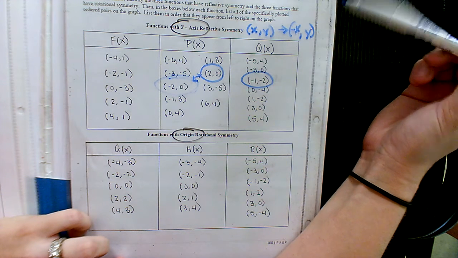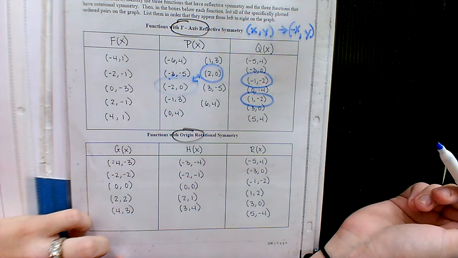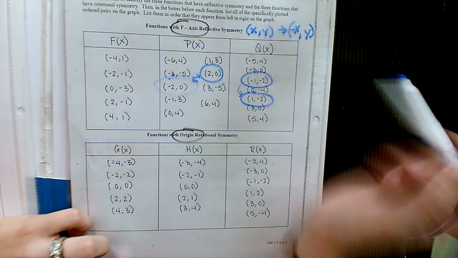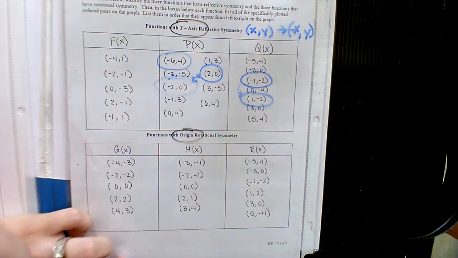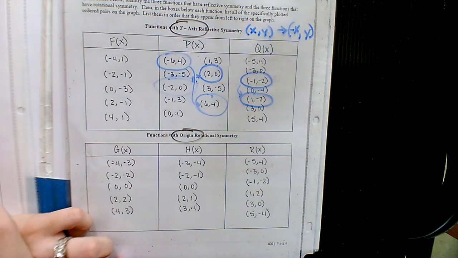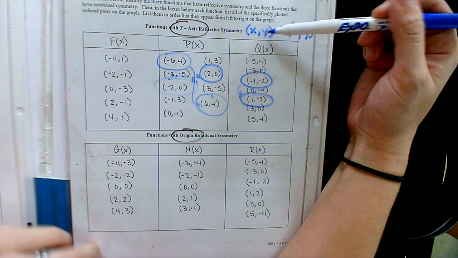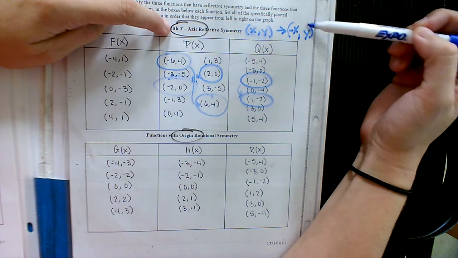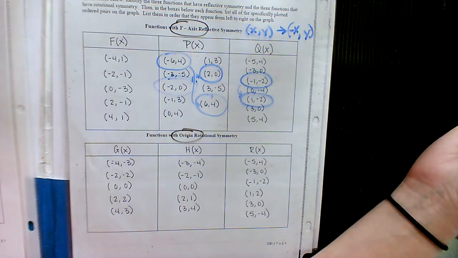Does that happen? Right there, right? X is opposite, y is the same. It doesn't matter which point you pick. I could have picked -6, 4 in the P of x, and notice how there would be the related point. So it doesn't matter where you start. If we have y-axis symmetry, there should always be a related point to the one that you pick.